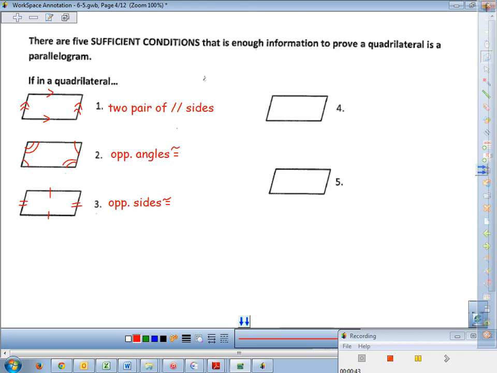Consecutive angles are supplementary, correct? Well, that kind of gets in here. Those two go together, if you have opposite angles congruent to each other and consecutive angles are supplementary. What else do we know? The diagonals bisect each other. That's what we know.